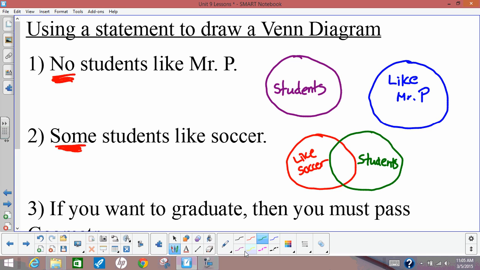All the people that are in this space where they overlap, those are the people who like soccer and are students. So there's all our students that like soccer, whether they watch it or play FIFA.